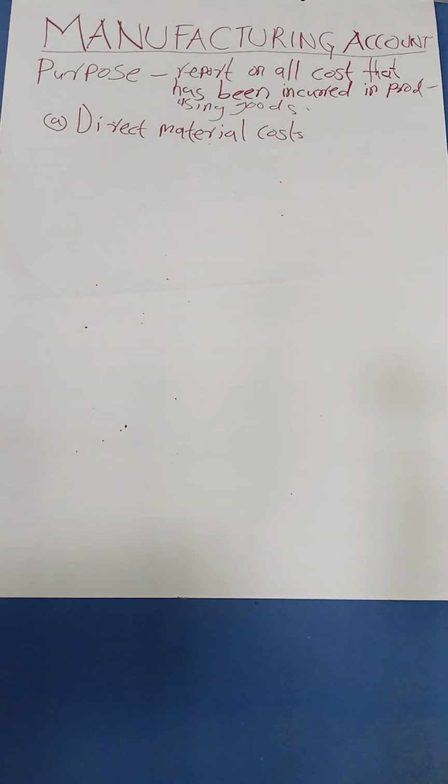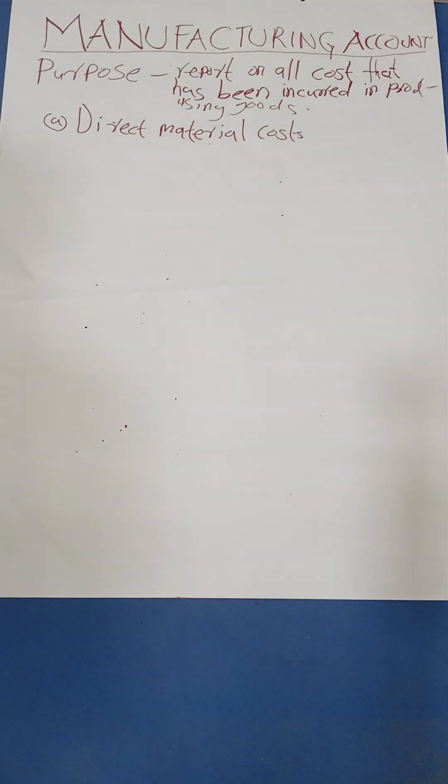You remember that, being in the manufacturing account, everything we are going to refer to here is all about materials, because we are going to produce our own goods so that we can send them to the market. So what we are going to look into more here will be referring to the materials.